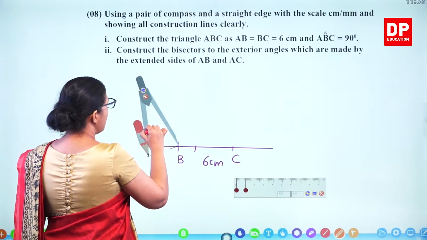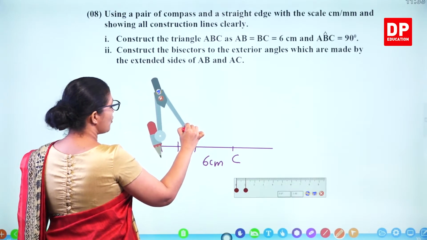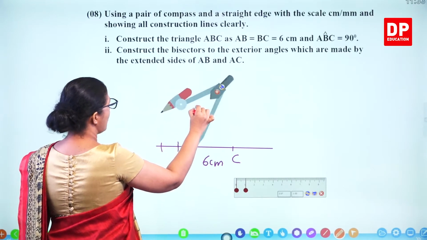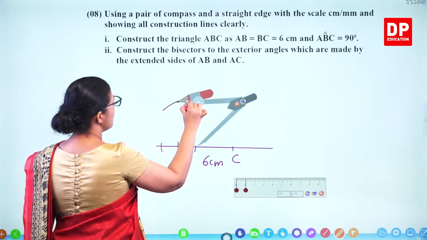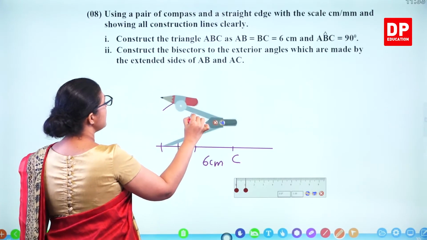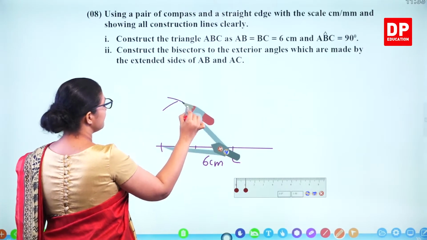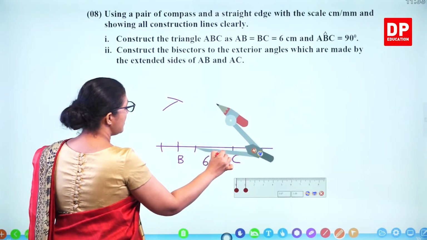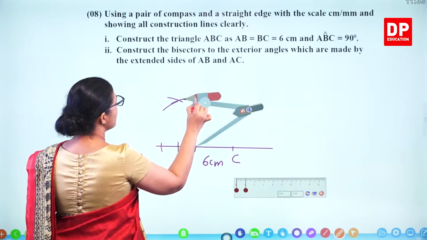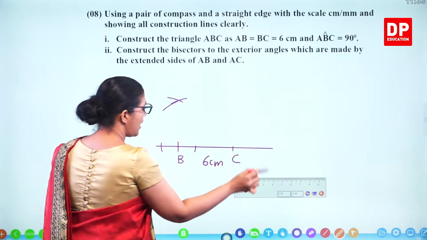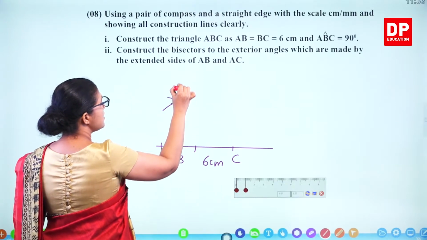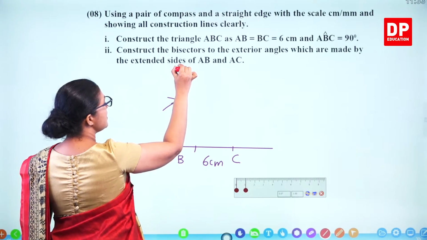And take a bigger length, keep on top of these 2 arcs and we can draw the perpendicular to B because angle B is 90 degrees. We have to do it again here because I didn't see the intersecting point. Okay, so now we can connect these 2 points here.